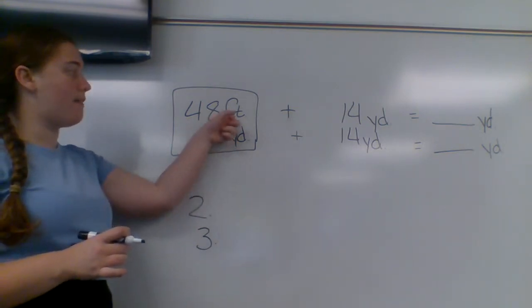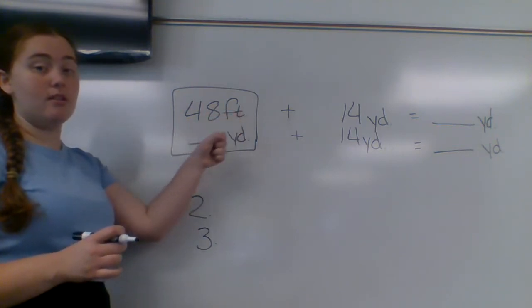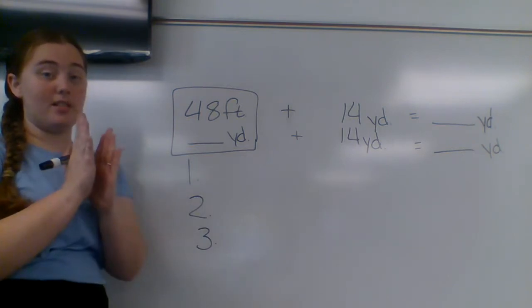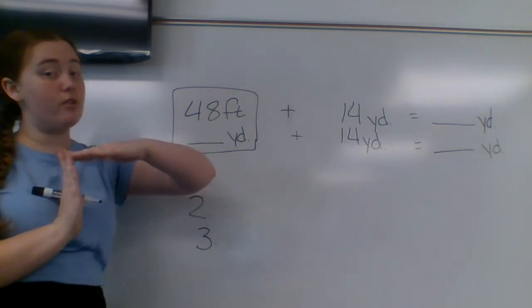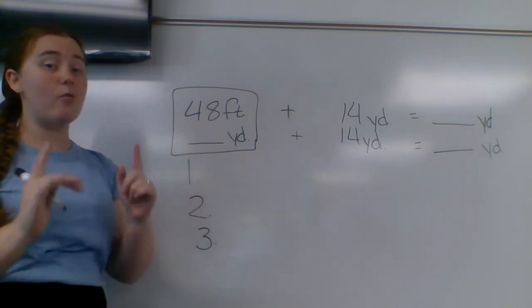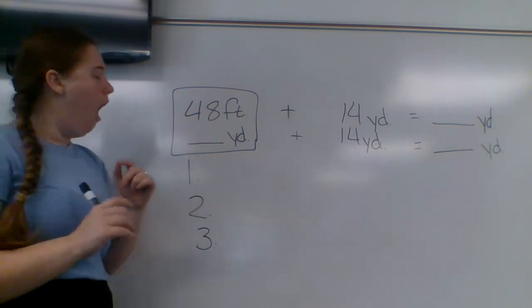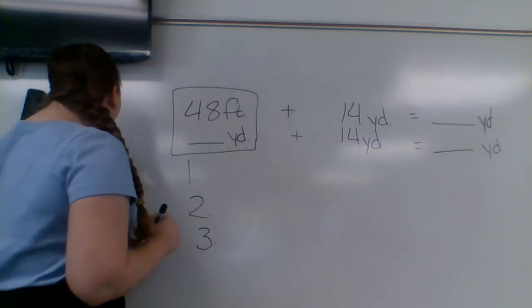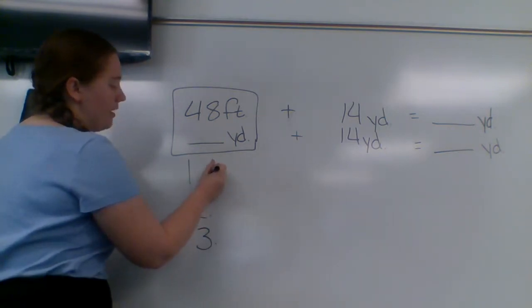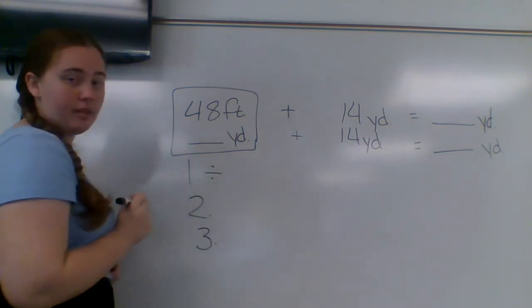So I'm going from a foot, which is a smaller unit, to a yard, which is a larger unit. So I'm going from a smaller unit to a larger unit. So what am I going to do? Right, I will divide. So I'm going to put my division sign right there.